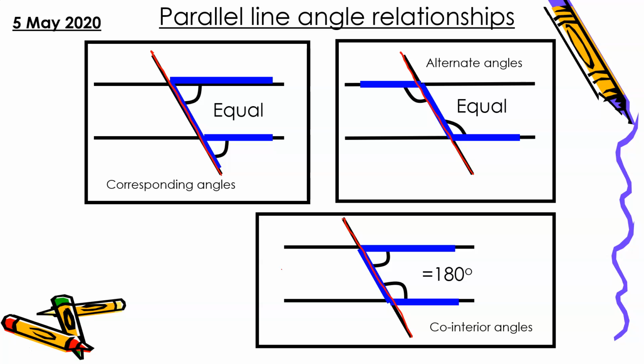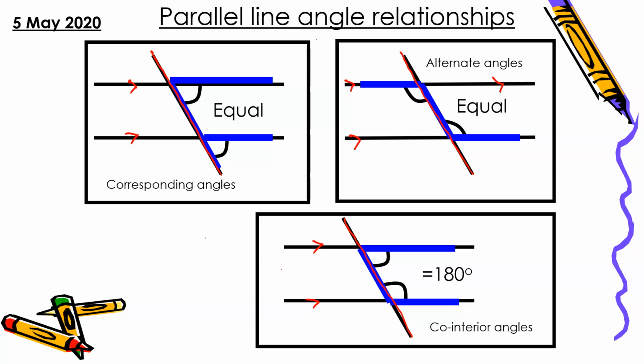So for 2 parallel lines, we're talking about a transversal line that crosses both of those lines. And obviously that transversal line needs to be straight. The other key thing is looking at parallel lines. We signify them by using arrows on those lines.